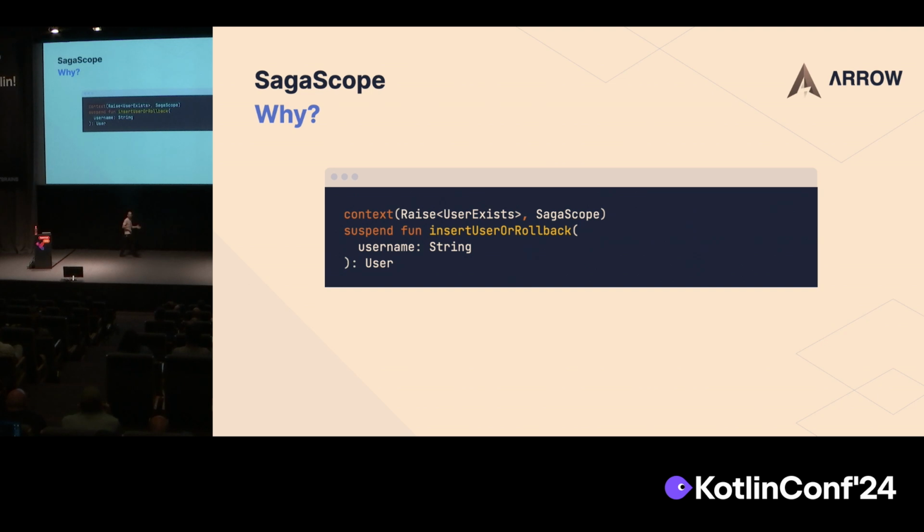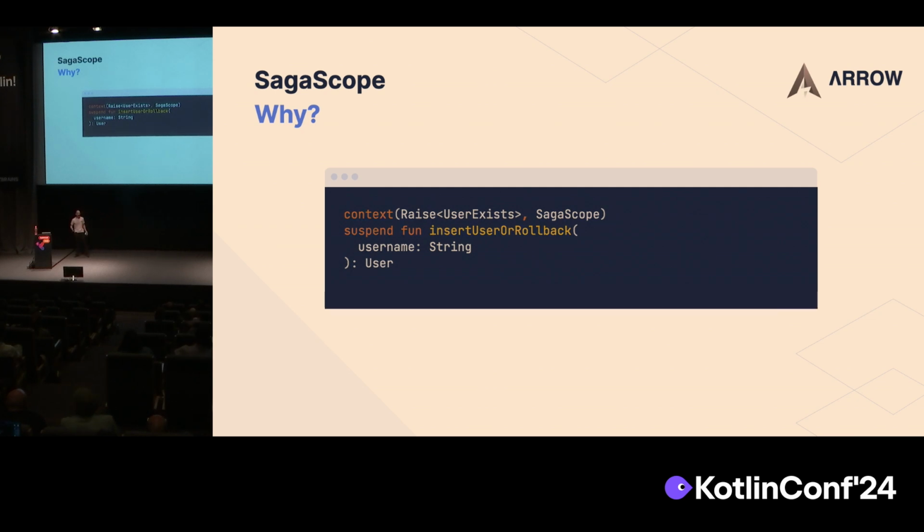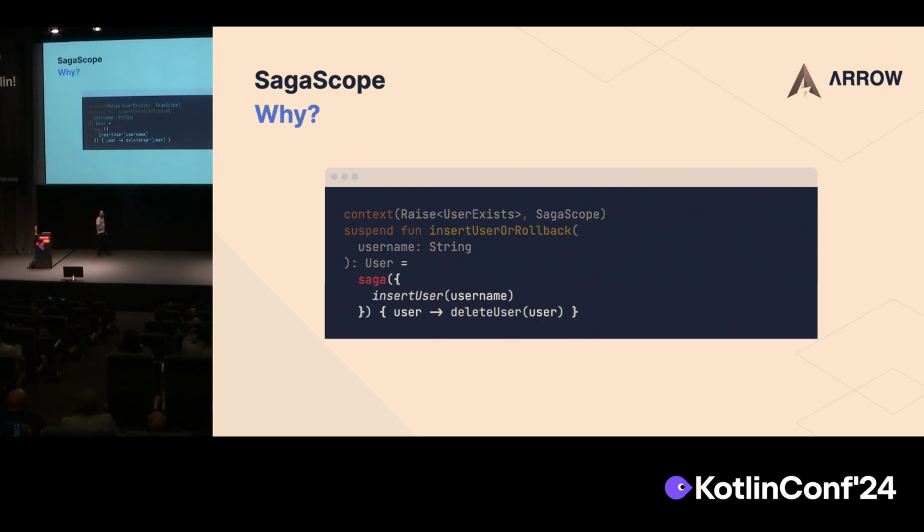So I like small functions that do one thing really well. So I'm going to wrap my insert user function, and I'm going to add the Saga capabilities to it. And we do that here by introducing the Saga scope into the context parameter. You might have guessed, the Saga scope is an interface with a single abstract method, the Saga method. And the Saga method takes two lambdas.